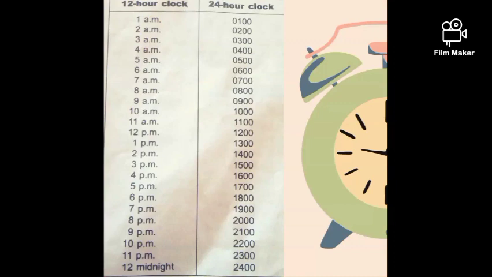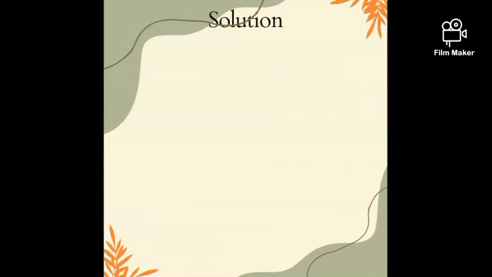While 24 hours runs through from 1 to 24. And what is similar? 4 p.m. is the same as what? 16:00. How about 4 a.m.? Same as 4:00, right? How about 10 p.m.? That's 22:00. You get it? Good.